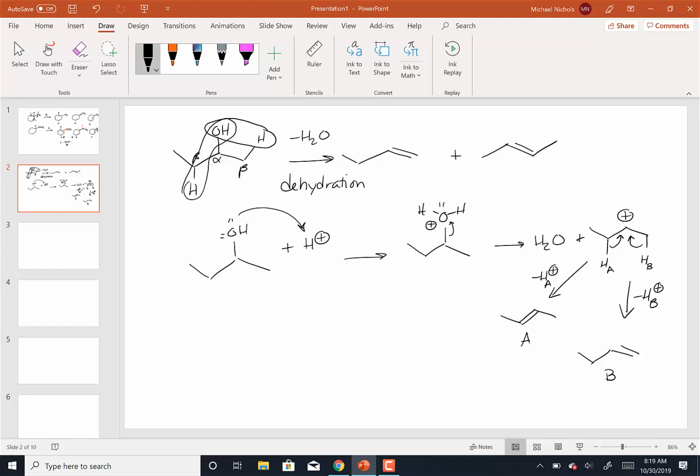So then which is the major product, A or B? Or both? A? Are we all in agreement it's A? Okay. So then A would be the major product. This mechanism is going to be classified as an E1 mechanism.